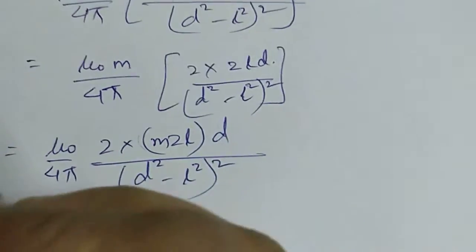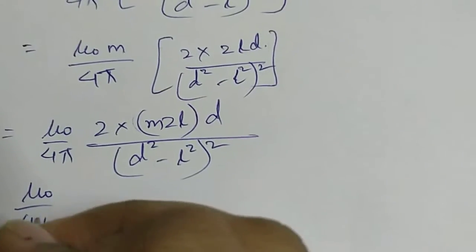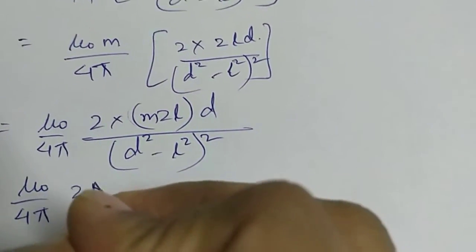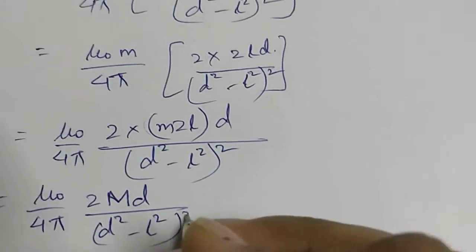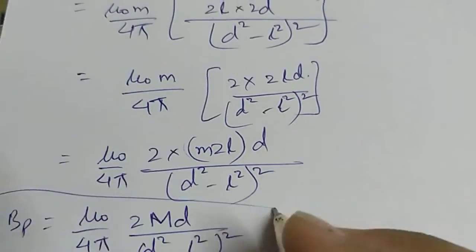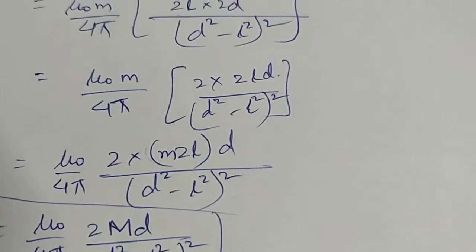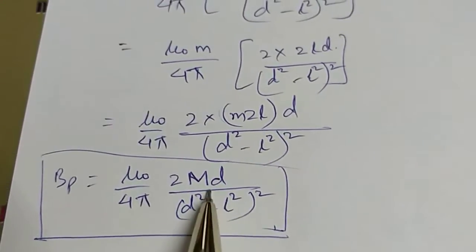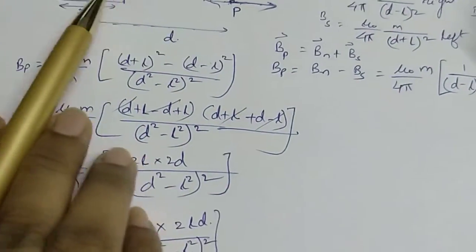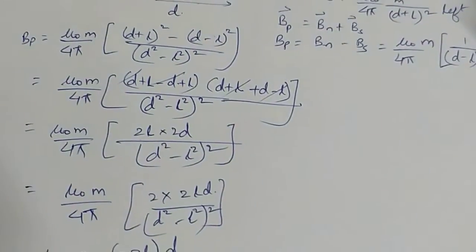This is the magnetic dipole moment, so it is mu naught by 4 pi, 2 into capital M d upon d square minus L square whole square. This is the magnetic field at point P, and the direction is along the axis, from south towards north.